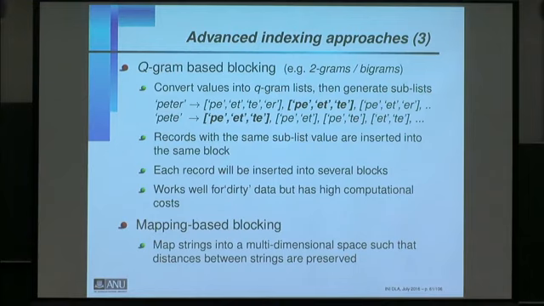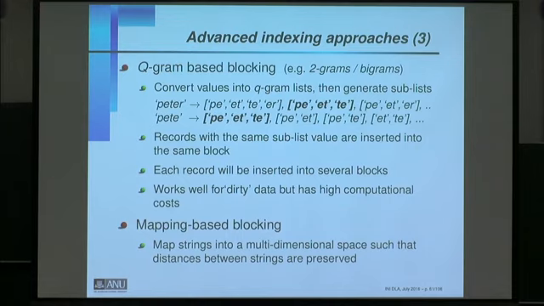Another approach we just mentioned briefly is the idea of mapping strings into a multidimensional space. We build a multidimensional space where certain strings are pivots, and then we convert the string similarities into distances in that space. Every record becomes a point in that space, and we compare records if they have a certain minimum distance between each other.